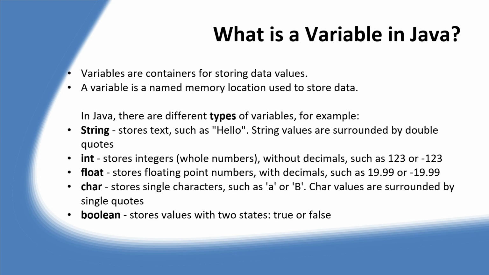String will store a collection of characters or text such as hello, and string values are always surrounded by double quotes. Int will generally be a whole number such as 123, and float will be with decimals such as 99.99 or 19.99. It can be negative as well.